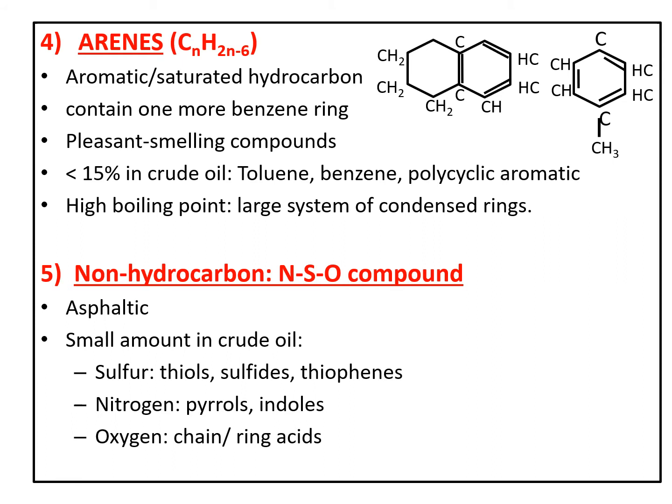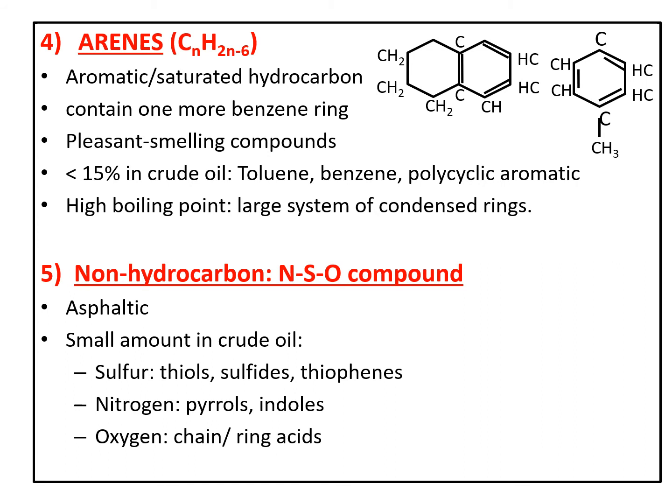Alright, the last compound that you may find in petroleum is the non-hydrocarbon that consists of these elements: nitrogen, sulfur, and oxygen. In the industry, they usually call this compound asphaltic, and it is present in petroleum in a small amount, but it is a major component in the crude oil.